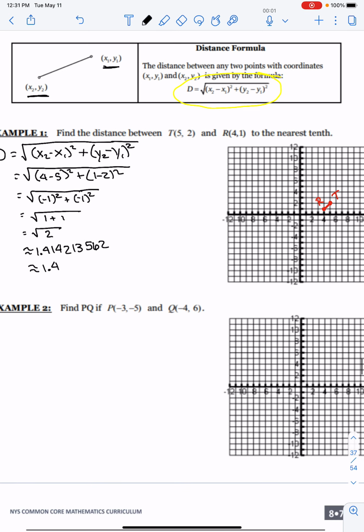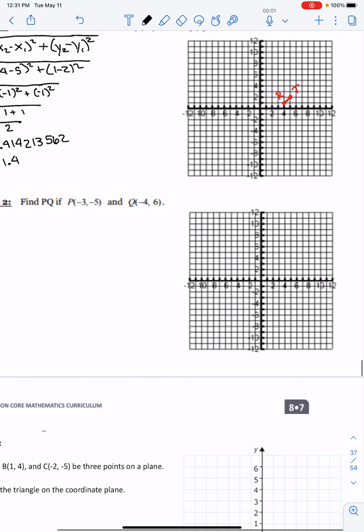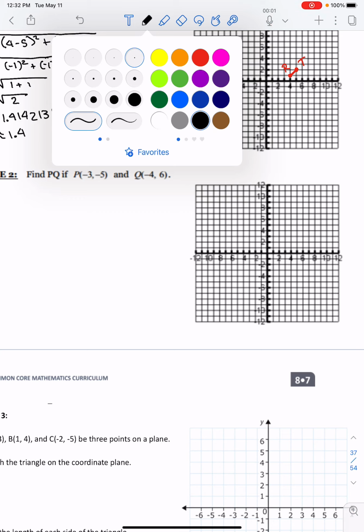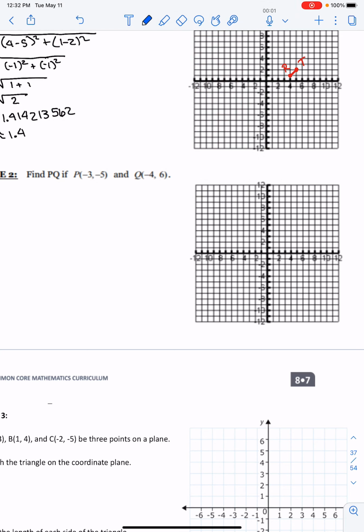Our next one is going to be from negative 3, negative 5, which is right here, to negative 4, 6, which is right here.